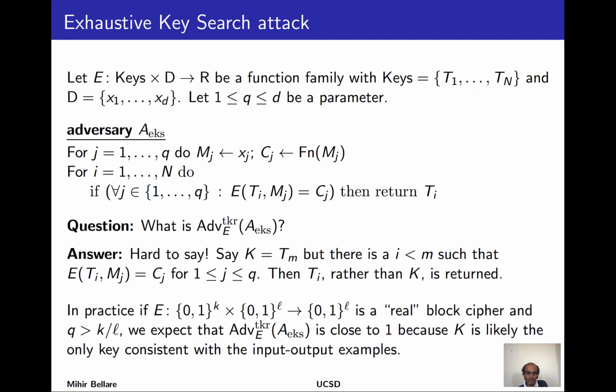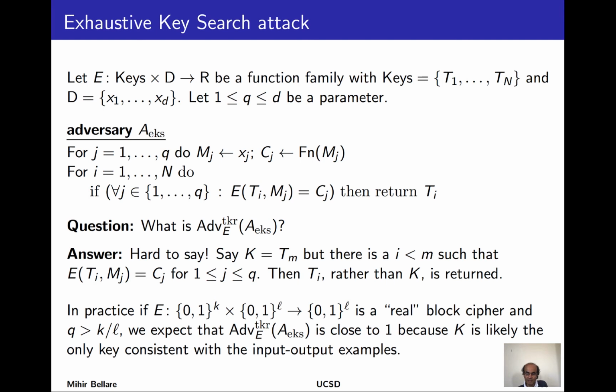So is there some way to reconcile them or to think about the gap between them? Well, heuristically, for most block ciphers of interest, we expect that when you run this exhaustive key search attack, your target key recovery advantage will in fact be close to 1.